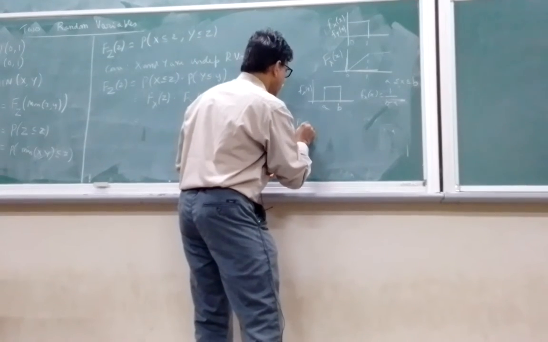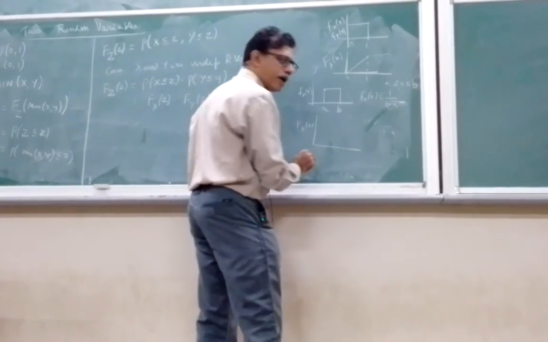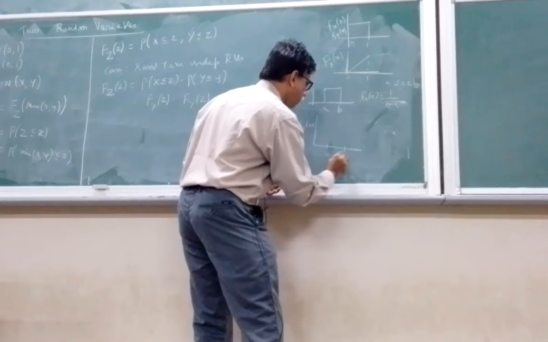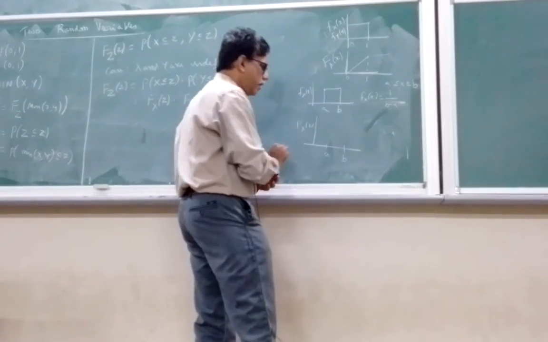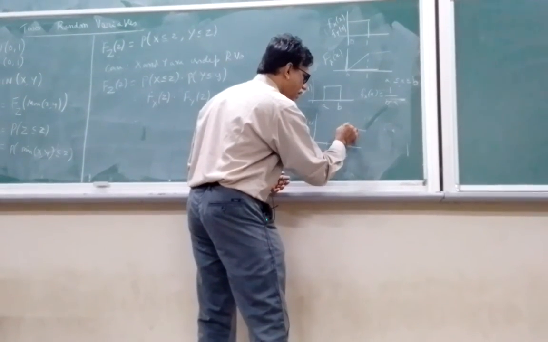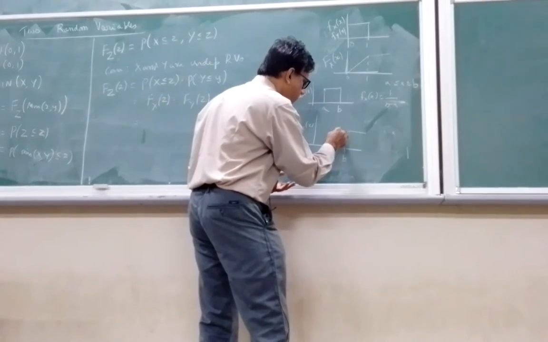And F_X of x is 0 up to A, and it will become 1 after B, that's known.